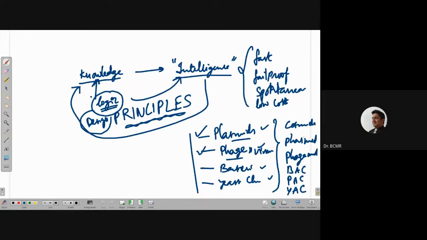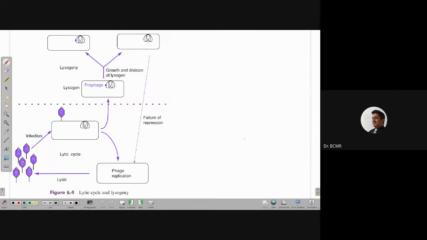So in all the cases, I think we should learn a little bit of biology before we go into the knowledge part of it. Okay, so I want you to have a look at these. I want you to also have a look at lysogeny and lytic cycle.